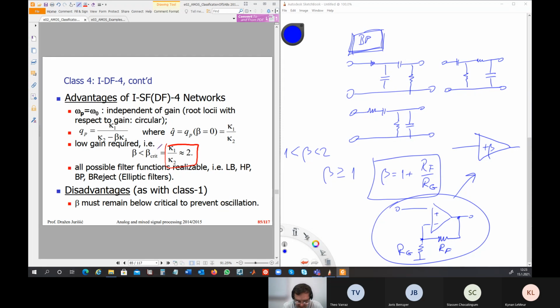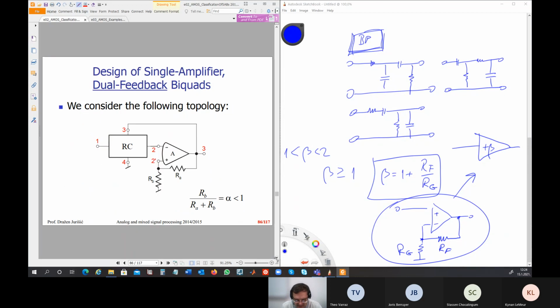So beta does not need to be too large. Beta must remain below critical to prevent oscillation. This is like this, because this part here then can be 0, and you have division by 0, you have infinity, and that's not good. Okay.